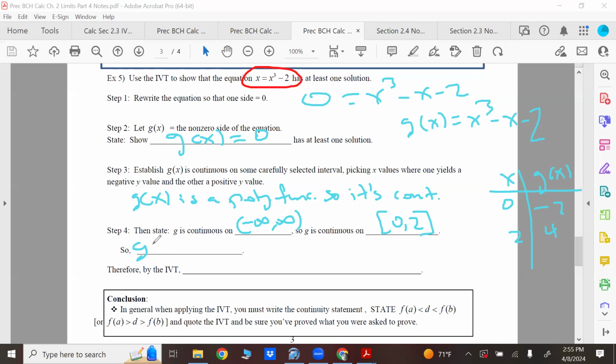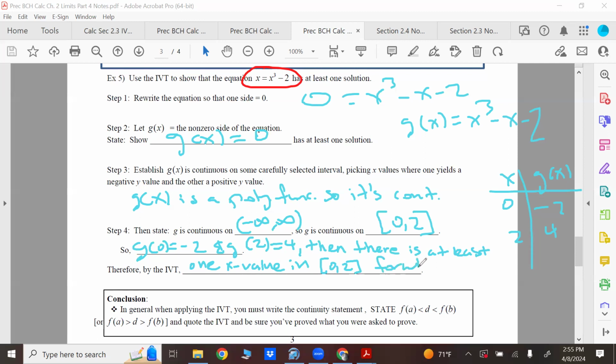Well, so since g(0) equals -2, and g(2) equals 4, then there's at least one x value in the interval from 0 to 2 for which g(x) equals 0.